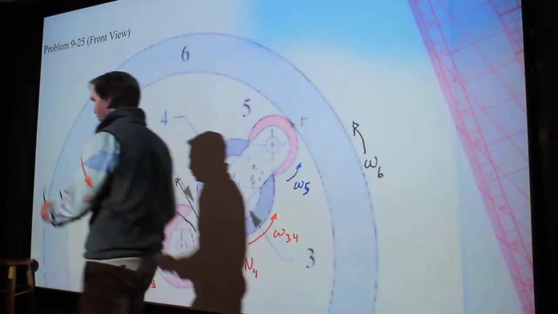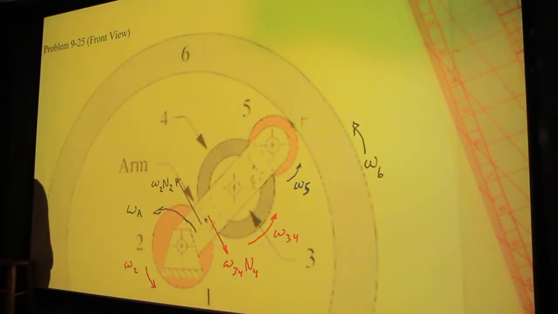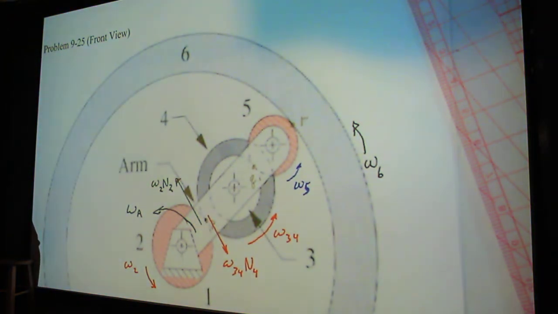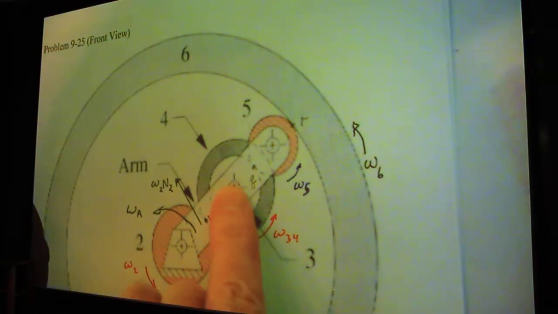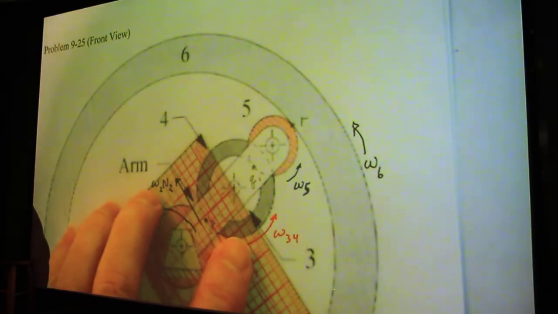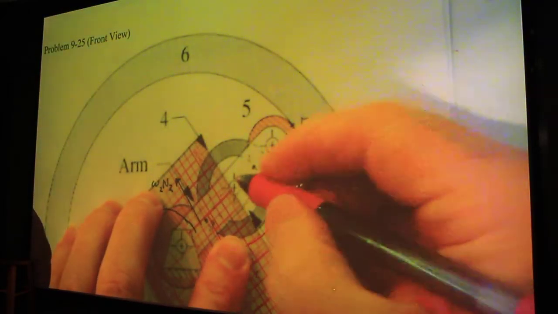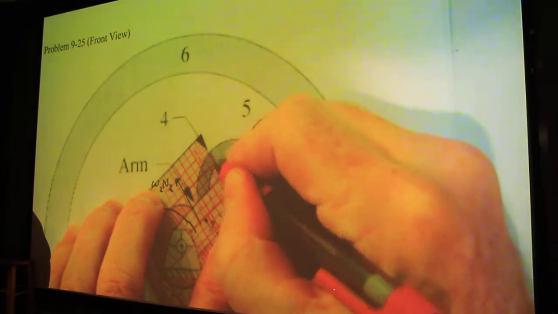Okay, so the one thing that we also have to look at here is this right here. We need to find out how fast this center is moving.